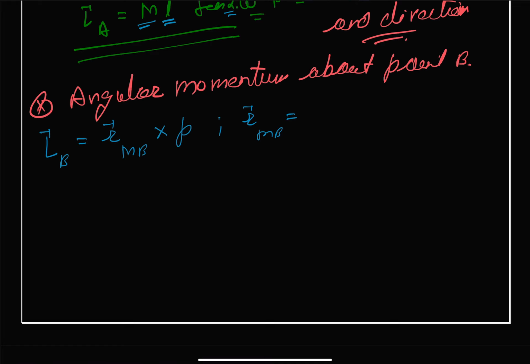So our RMB will be equal to L sine of alpha cos of omega t, L sine alpha and sine of omega t, and L cos of alpha.